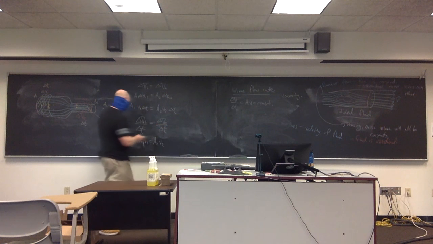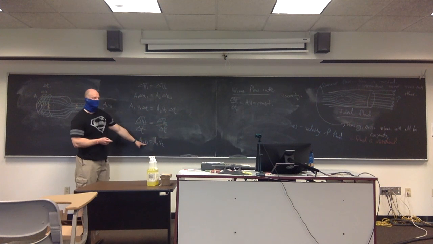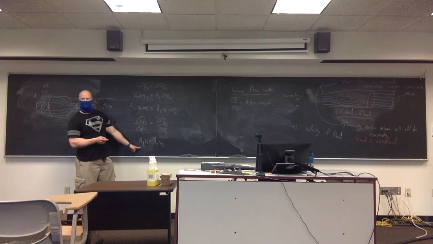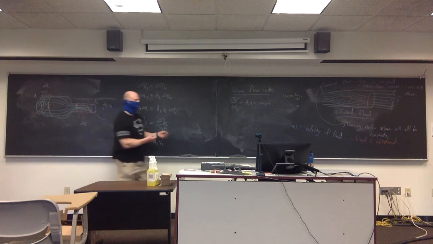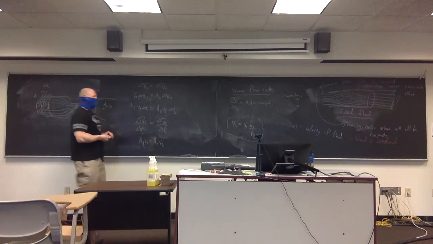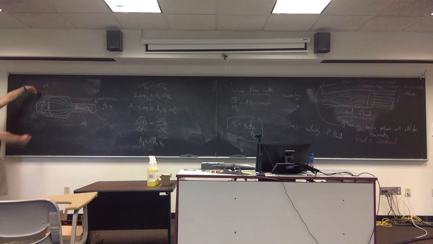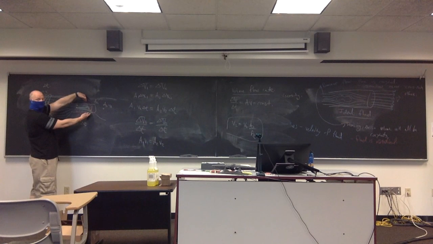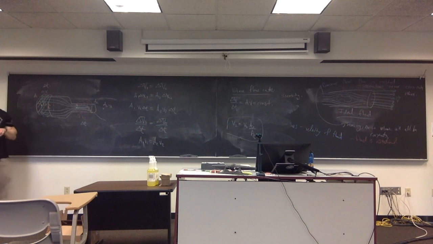So that means if I want to know the velocity at 2 relative to the velocity at 1, well, the velocity at 2 is simply equal to the ratio of the two areas times the velocity at 1. So this says that V2 must be equal to V1 times area A1 divided by area A2. So what does this mean? This means if I went from a large cross-sectional area down to a small cross-sectional area, which one would have the faster velocity?